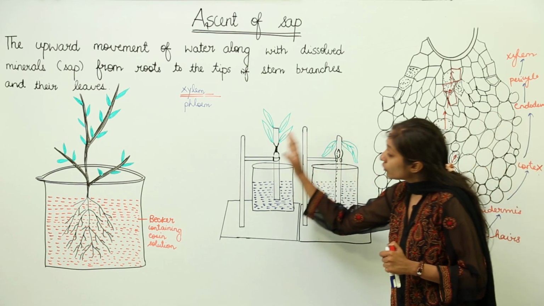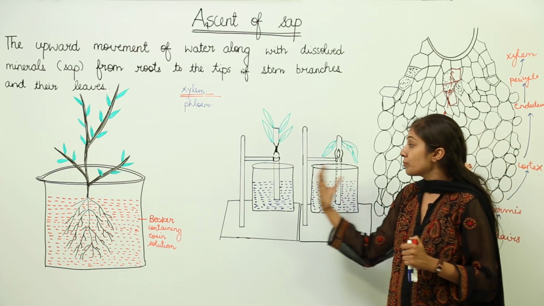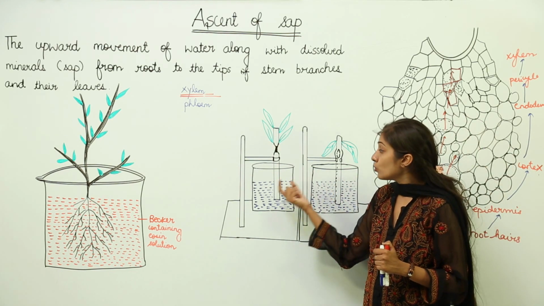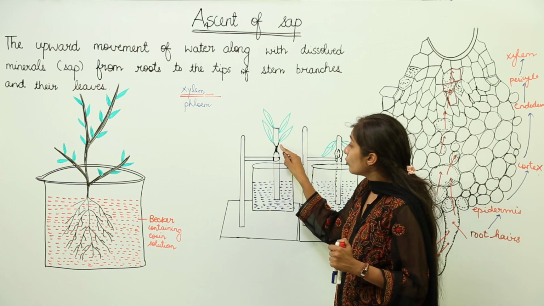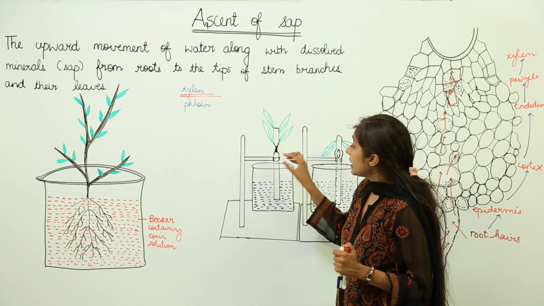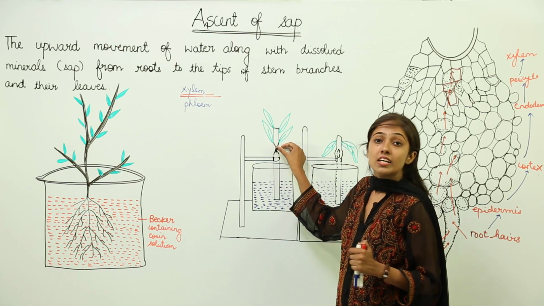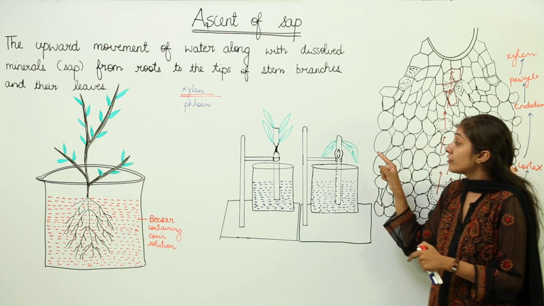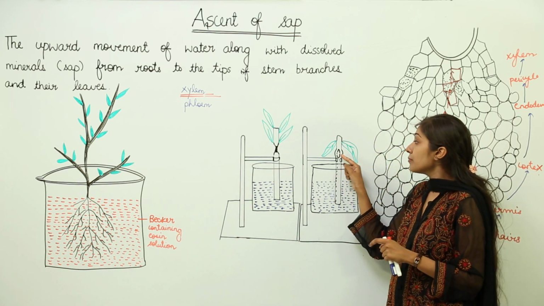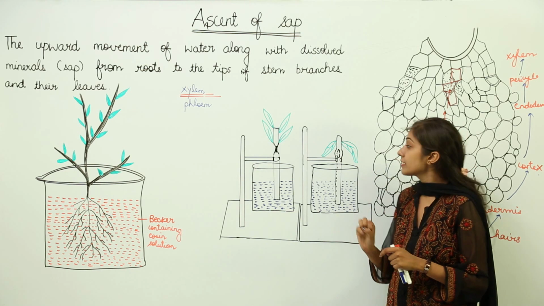So, I will explain it again. We have taken 2 beakers containing water, and 2 shoots from the balsam plant. In one case, we have removed the outer bark, which means the xylem tissue is intact in this case. In the second case, we have removed the middle part, we have removed the xylem, and the phloem is intact here, right.